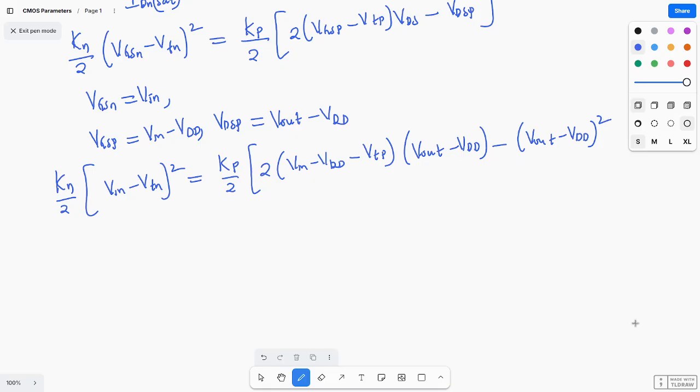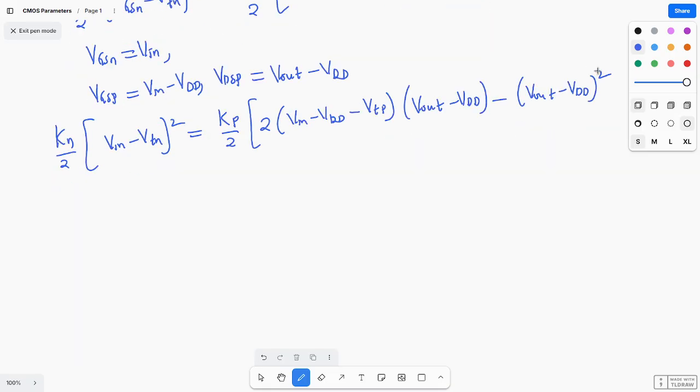Okay, so that is VDD square, no? VDD square, and this is the bracket.